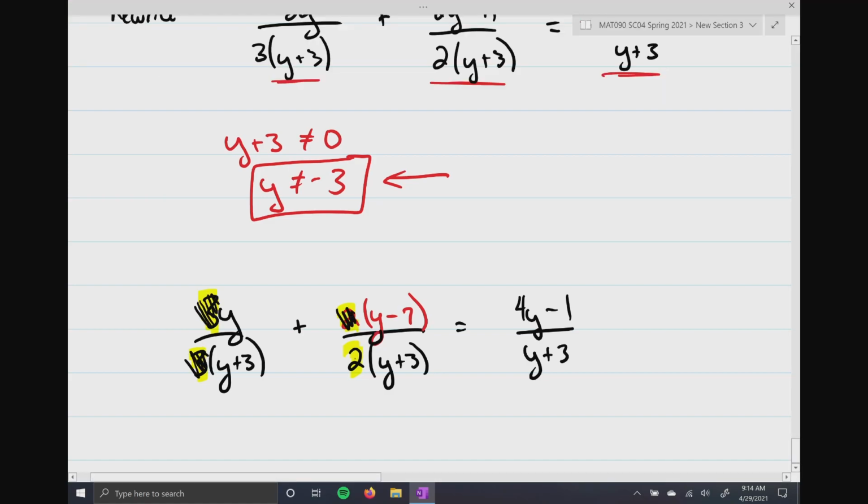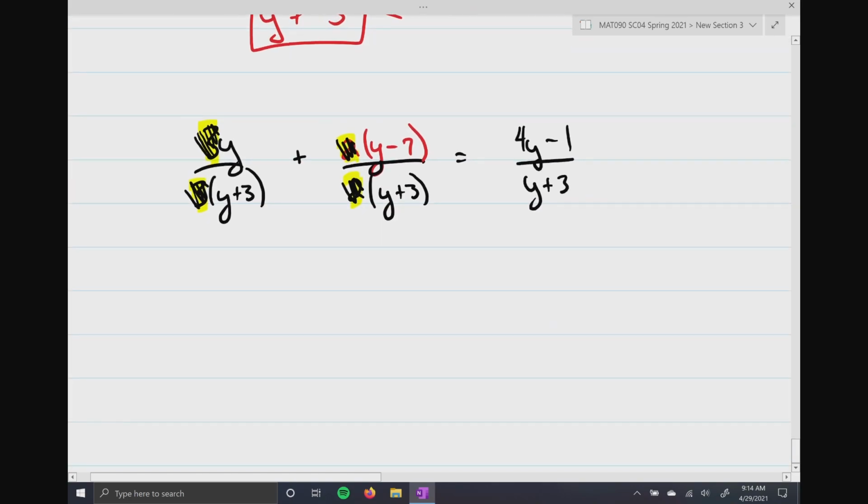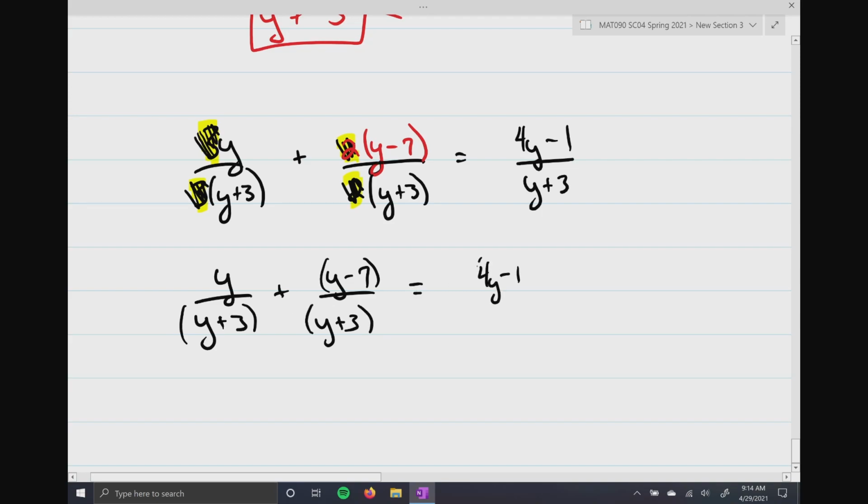The 2's reduce. So finally, and I'll leave everything in parentheses. I like that. It makes me feel good. So finally I get to this.